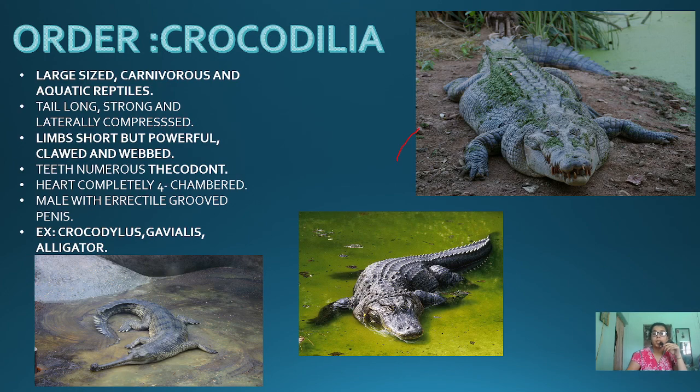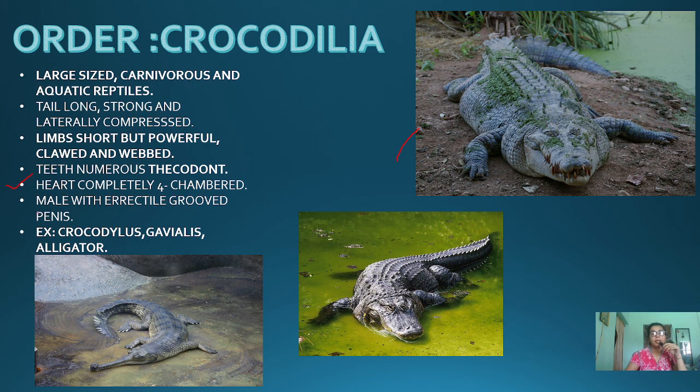Their body has horny scales. As I have told you, Reptilia have a three-chambered heart, but the exception is that the Crocodilia have a completely four-chambered heart. This is the exceptional case.